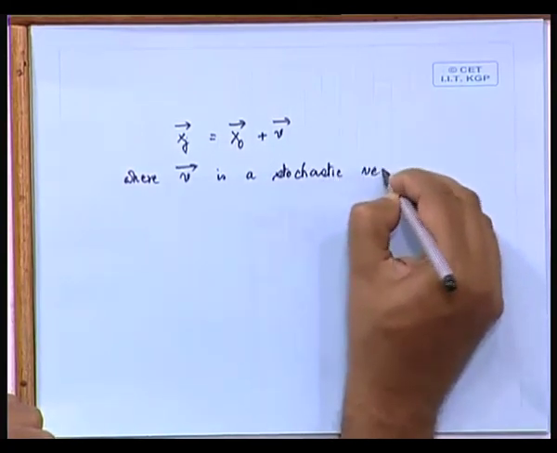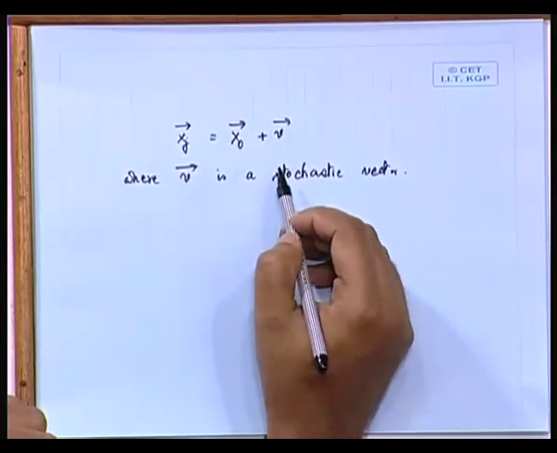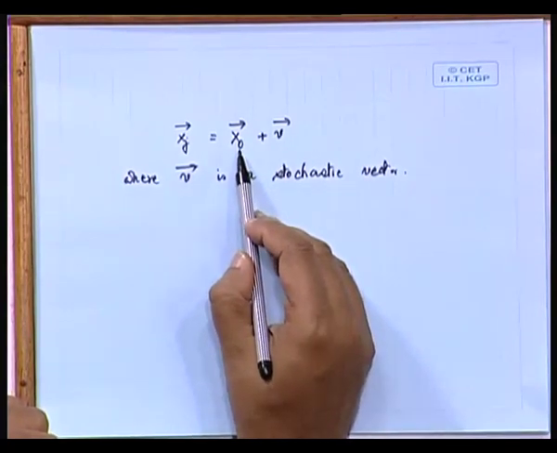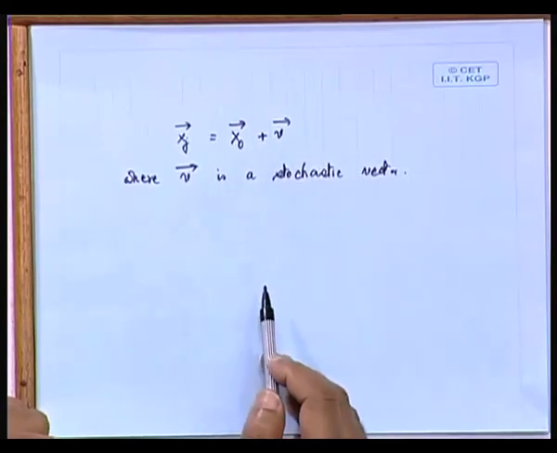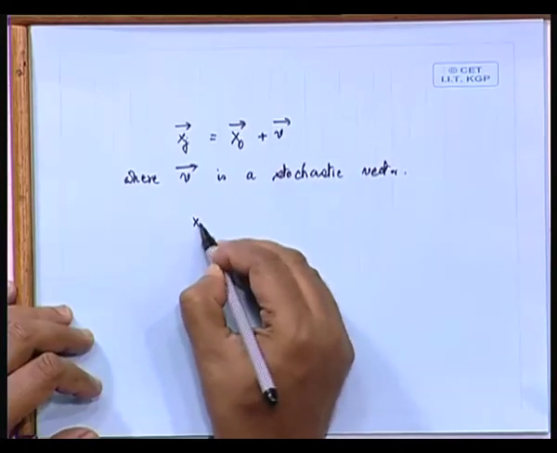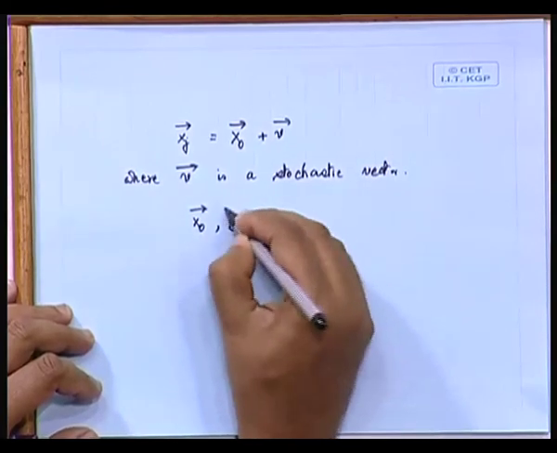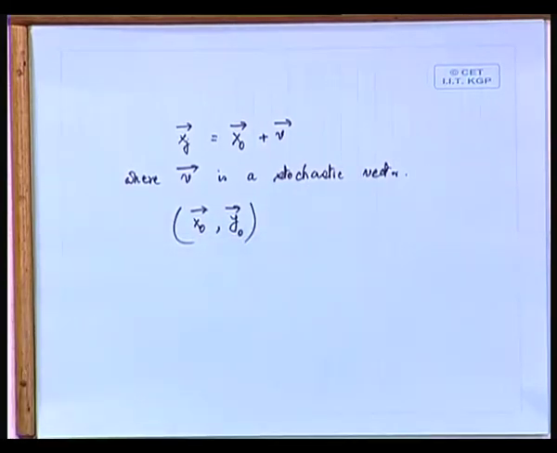So if the pattern itself is a stochastic pattern, it has one x0 component and a stochastic component, the v vector. In that case, we will be able to associate the x naught vector with the y naught vector. Y naught is nothing but the corresponding response to x naught.